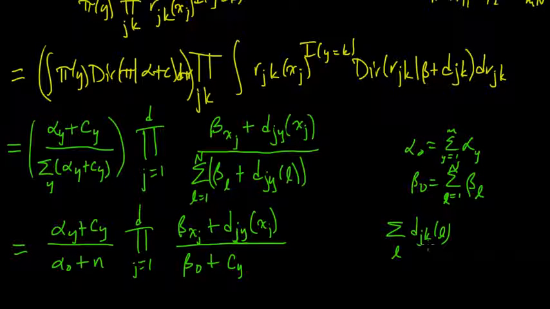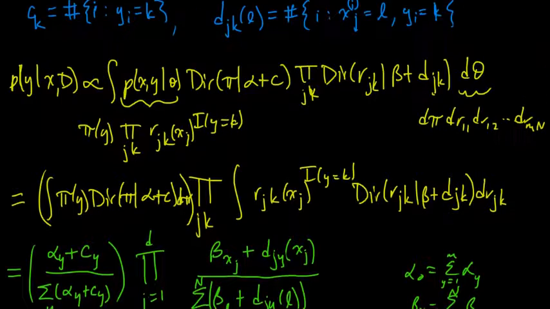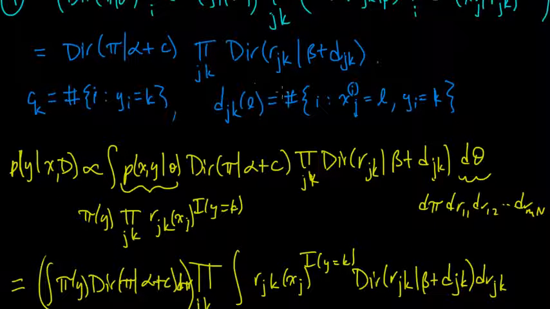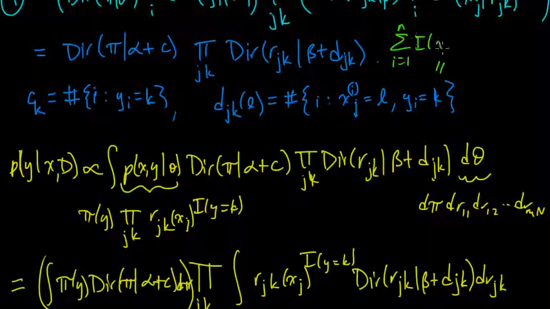Let me verify here that I gave a little justification for why the sum of these was equal to cy, but let me give you a more formal argument. This is the sum of indicator functions, as i goes from 1 to n, all our data points, of the indicator that xij equals l times the indicator that yi equals k.